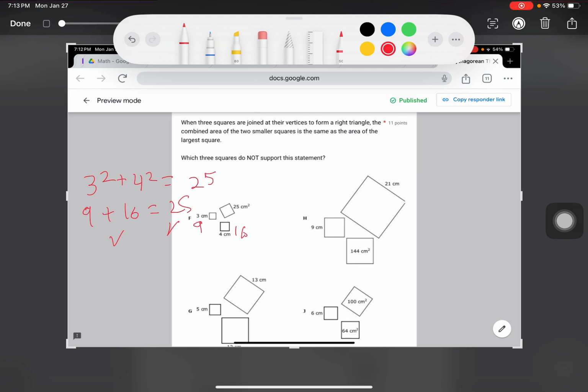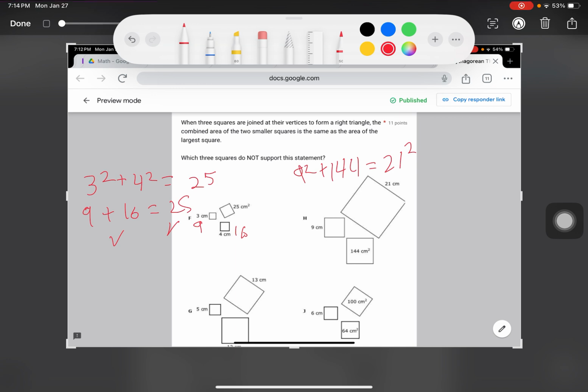If it's asking you if they form a right triangle, you put the numbers in the Pythagorean theorem. If you have an area that's already squared, you don't have to square it. Like on H, you do 9 squared plus 144 equals 21 squared, and see if those equal.